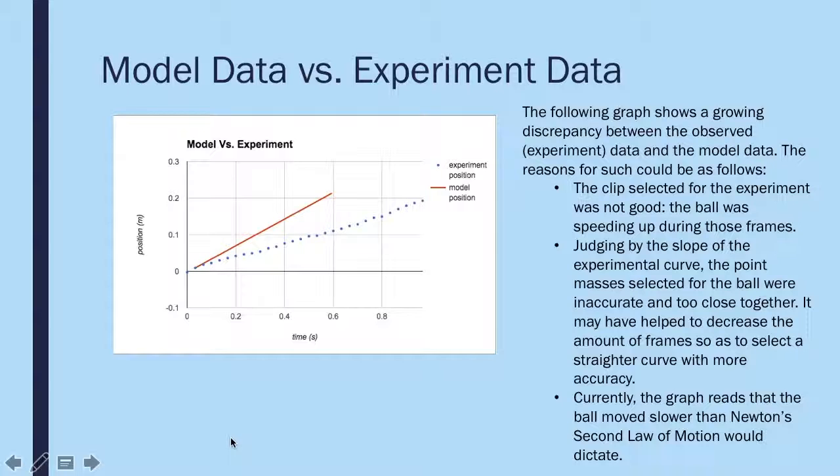And then currently, the graph is reading that the ball moves slower than Newton's second law of motion would dictate. I thought that was interesting as well because from what I could see with my naked eye, I believed that was close to, if not constant, velocity. And the model that was calculated through VPython tells me otherwise. So I thought that was very interesting.